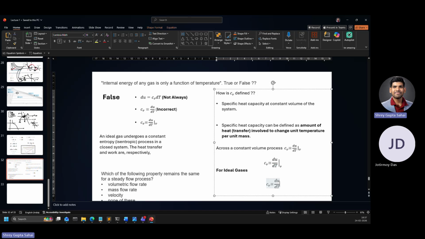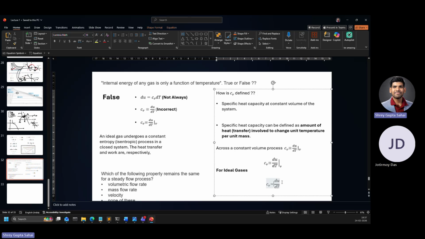This is what I'm saying, isn't it? I'm also removing that three-bar equality. Now I'm saying CV equals du by dt. This is not a defining equation. CV is equal to du by dt for ideal gas. That is what I'm saying.